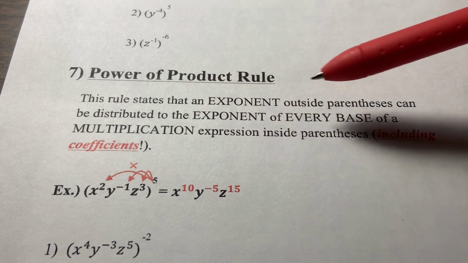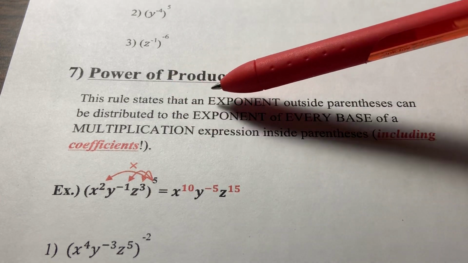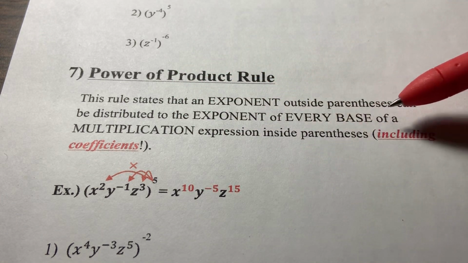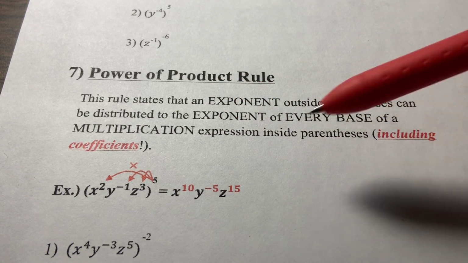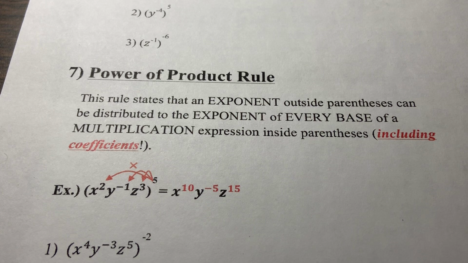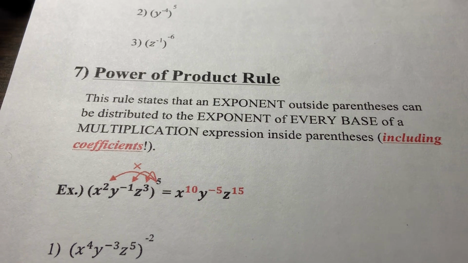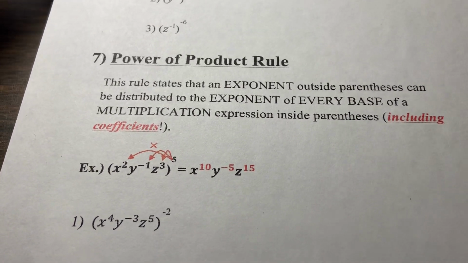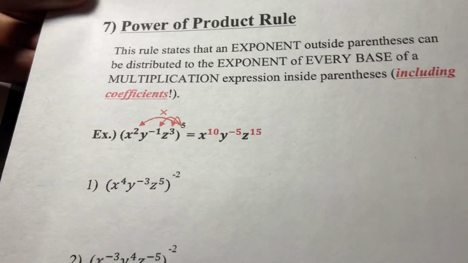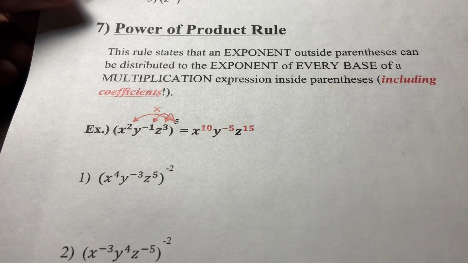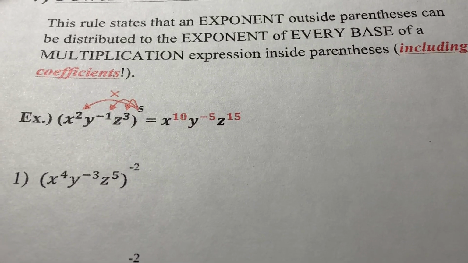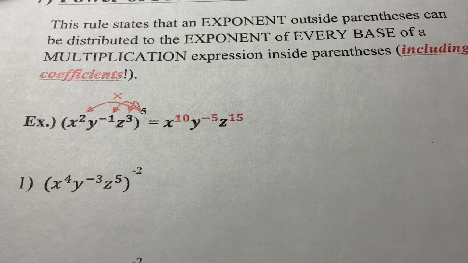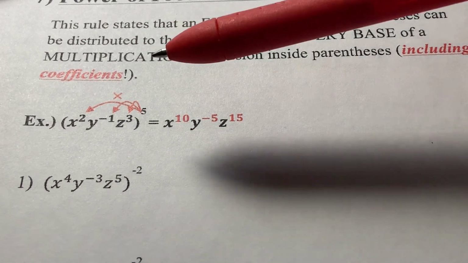This rule states that an exponent outside parentheses can be distributed to the exponent of every base of a multiplication expression inside parentheses, including coefficients. All right, what does that mean? Basically, it means exactly what we did above, except now, take a look, we have more than one base inside the parentheses. It's the only difference, ladies and gentlemen, only difference, okay?